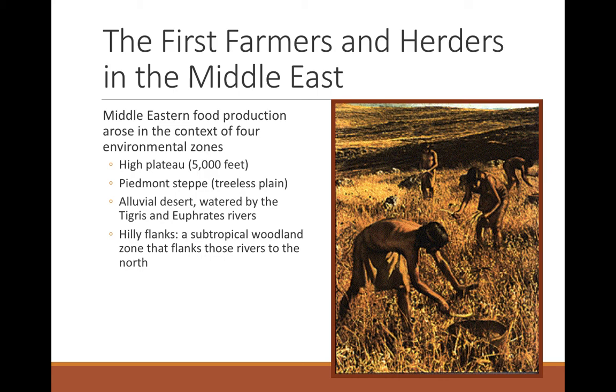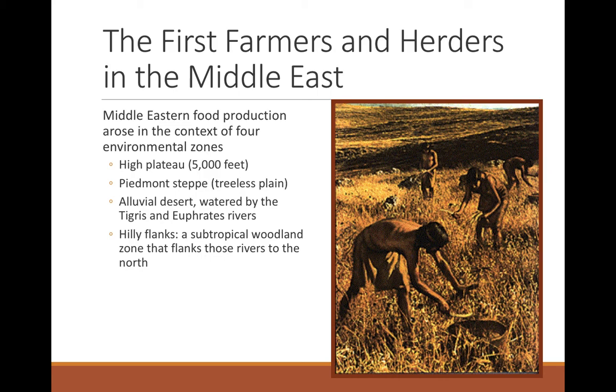And so specifically in the Middle East, in the high plateau above about 5,000 feet, we've got deposits of natural copper. We've got an abundance of raw materials for working with stone tools. This copper is going to play a role later in the emergence of metallurgy and being able to work with and understand the properties of metal.